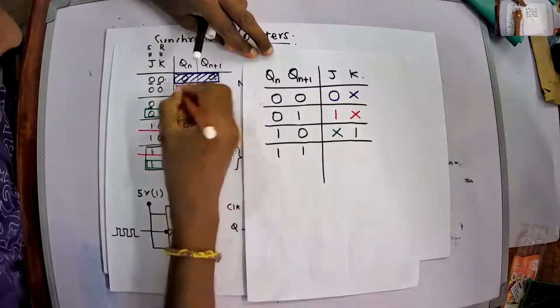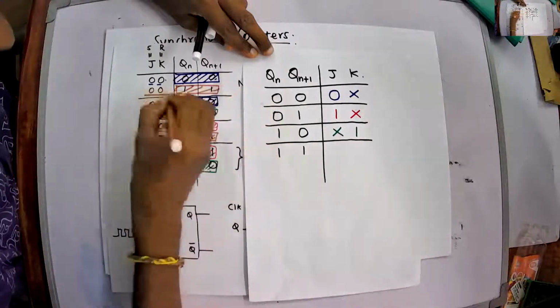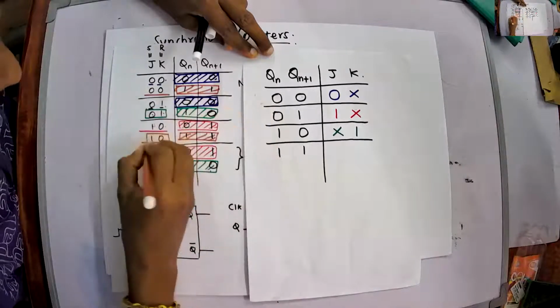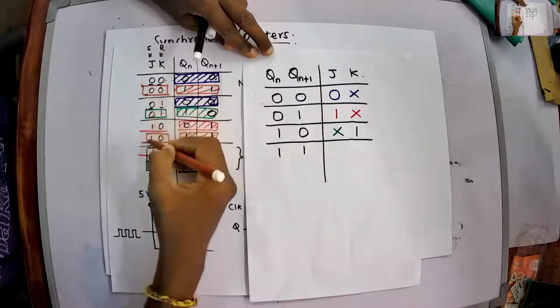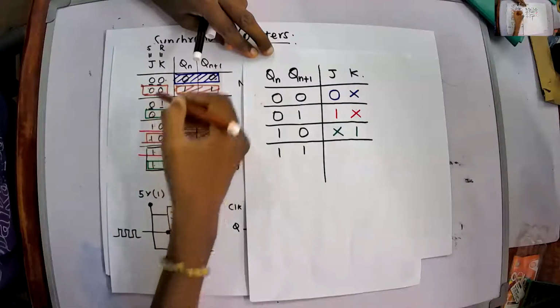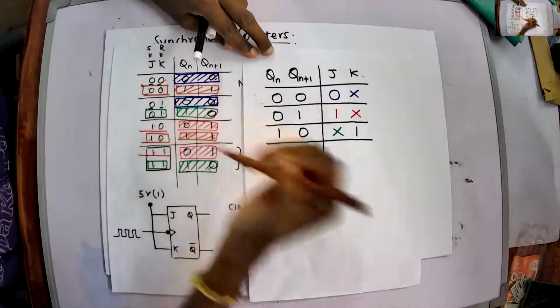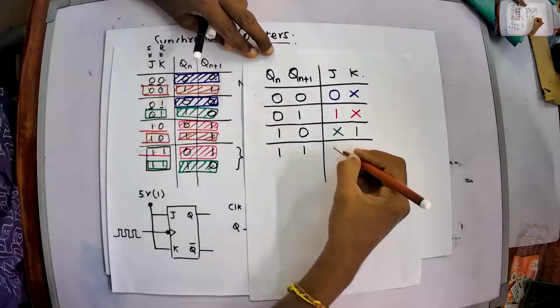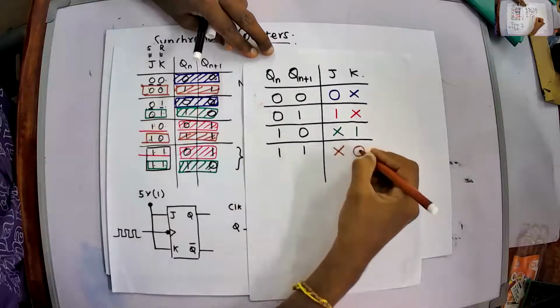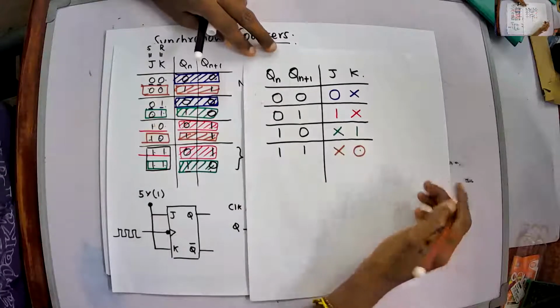There are two cases. I can note them, which is 0, 0 and 1, 0. I could say that J is don't care because here it is 0 and here 1, but K is 0 and 0. So I can write it as don't care and 0. Clear?